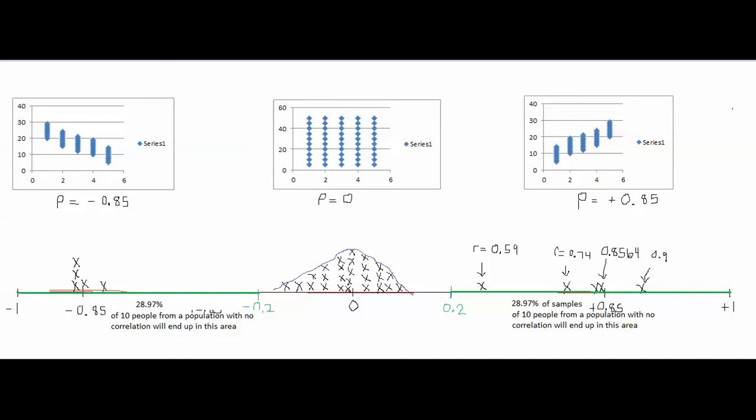And when we talk about the chance of something happening, when we talk about a probability, we have to change it to a decimal.